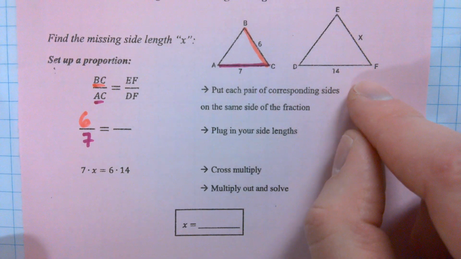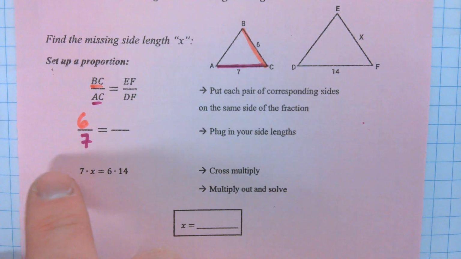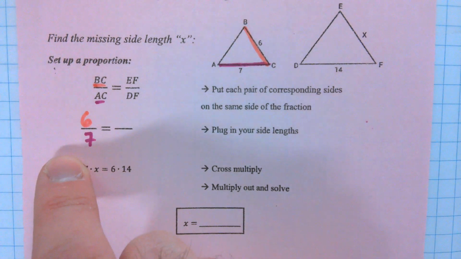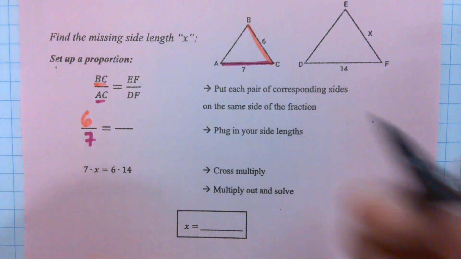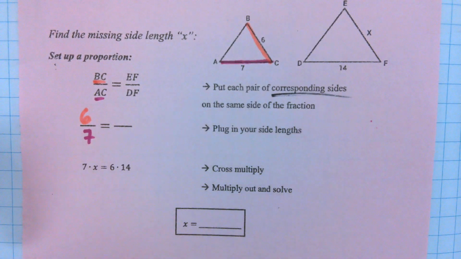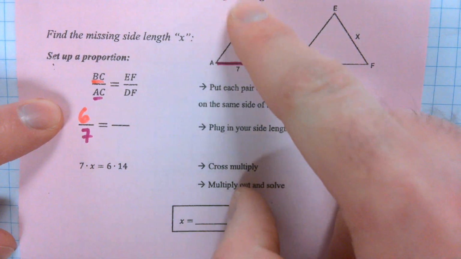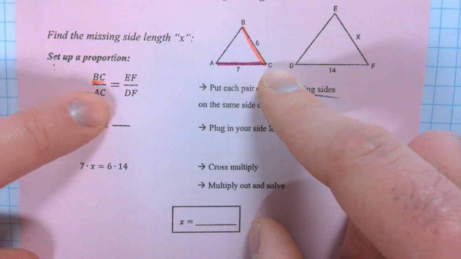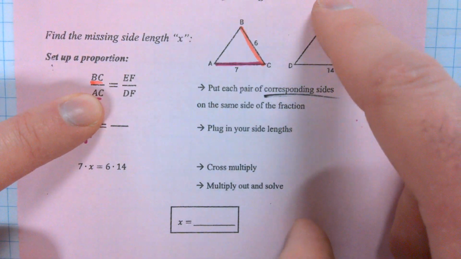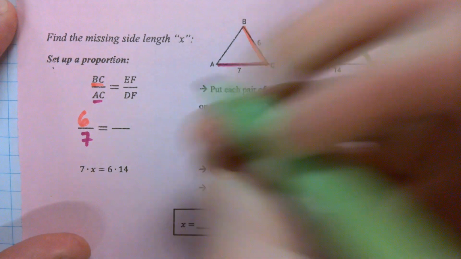If I go over to triangle DEF, I want to set up the same proportion using corresponding sides. So that means if my numerator is the right side of my triangle in the first fraction, then my numerator has to be the right side of my triangle in the second fraction.